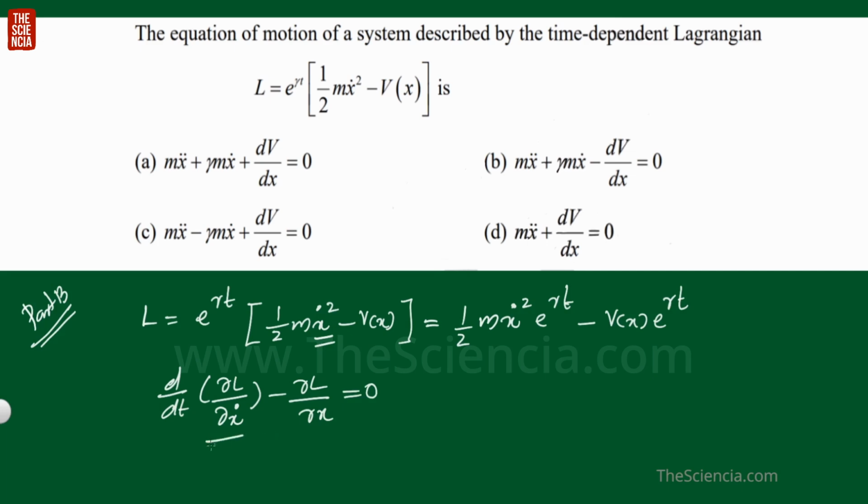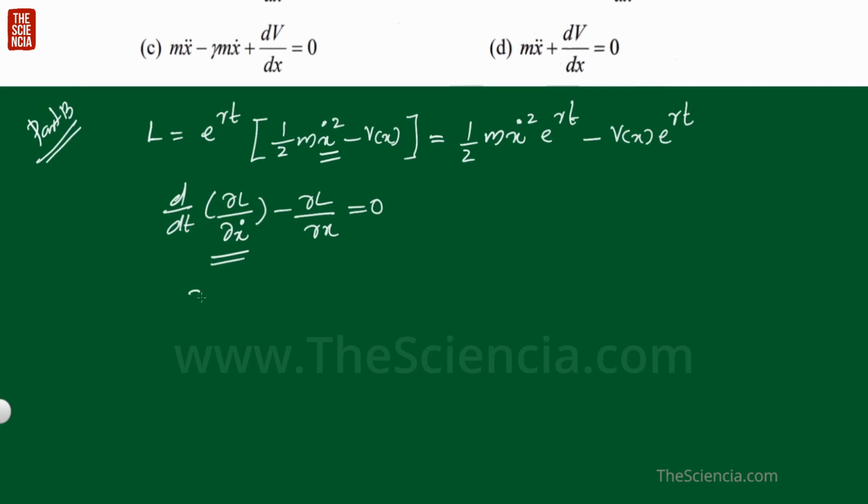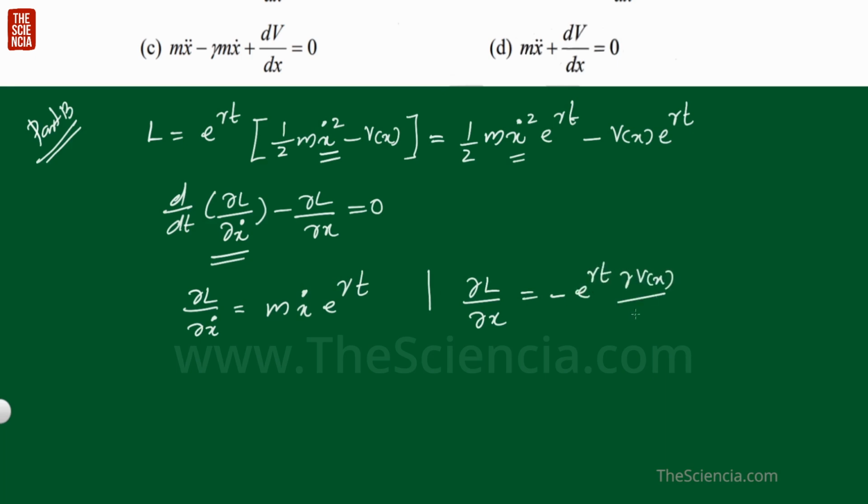First I am going to evaluate ∂L/∂x dot. x dot is here only, so we get m x dot e raised to gamma t. And what do we get for ∂L/∂x? Here this term has x, so we get minus e raised to gamma t ∂V(x)/∂x.